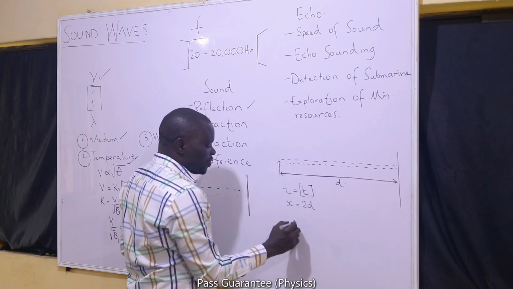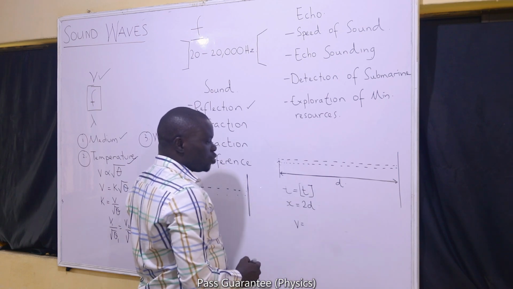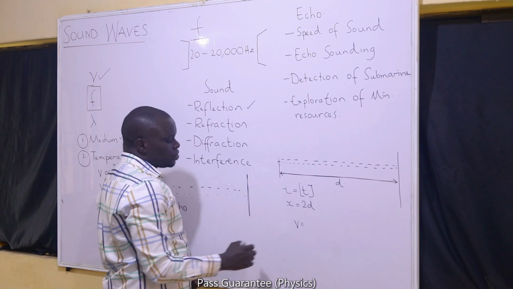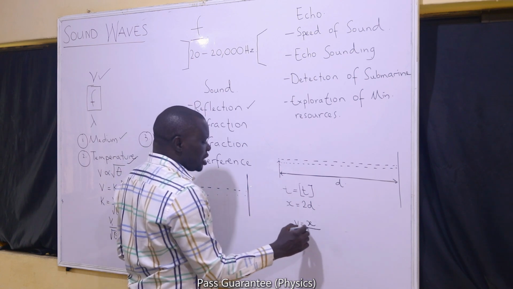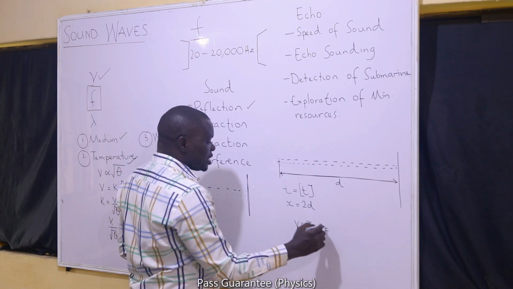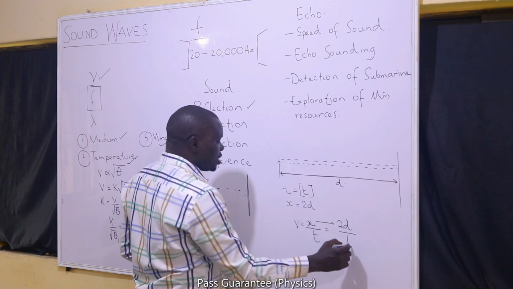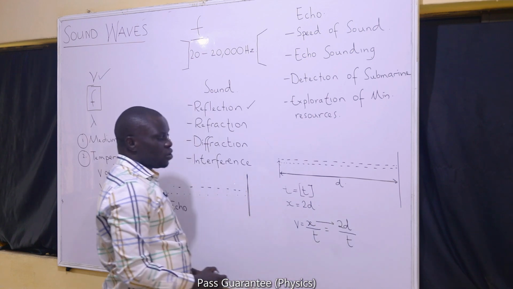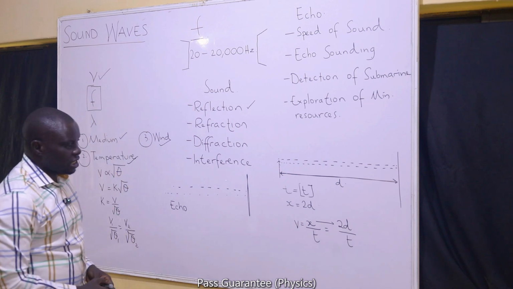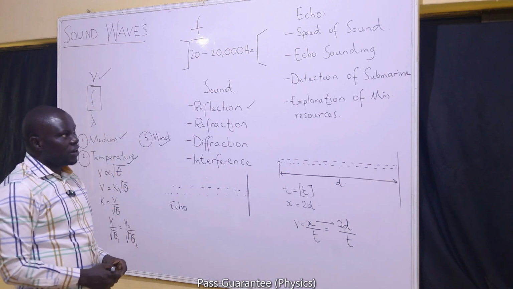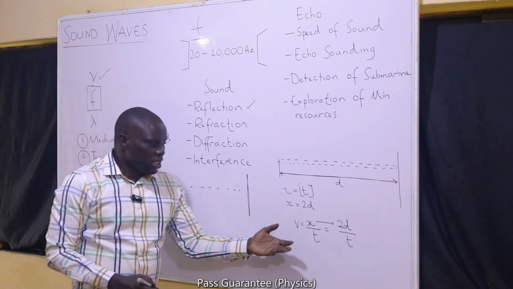I can therefore find the velocity or the speed with which the sound travels as the distance over the time. The distance taken by the sound is 2D and the time spent by the sound to cover that distance is T. So with that, I can easily find the speed of sound.